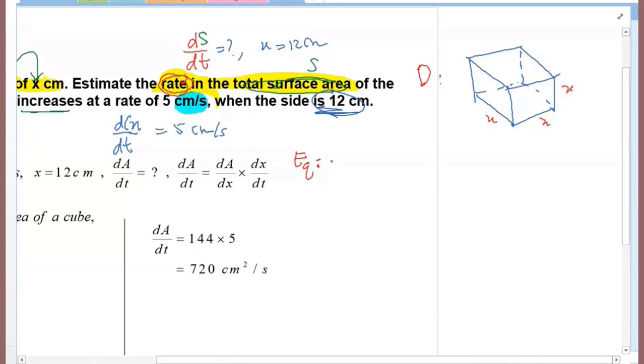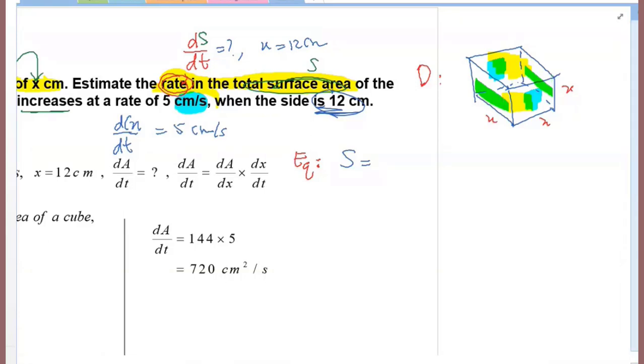So what is surface, and how do we find it? This is a cube, and it has 6 faces. One on top, one at the side, and so on: 1, 2, 3, 4, 5, 6.